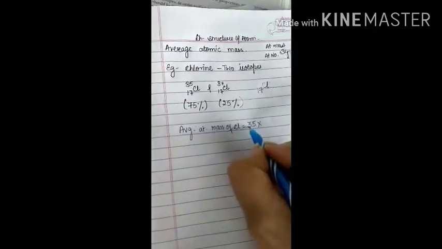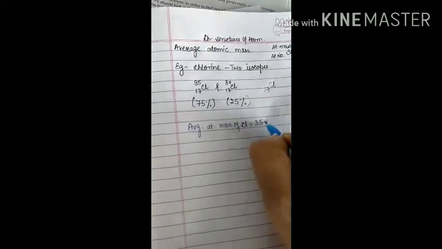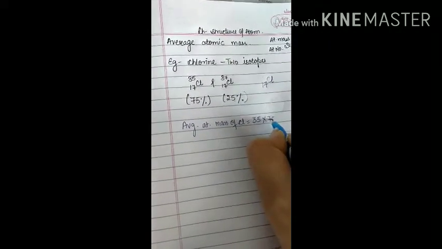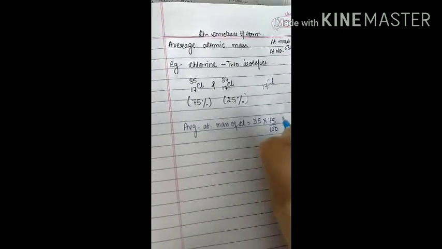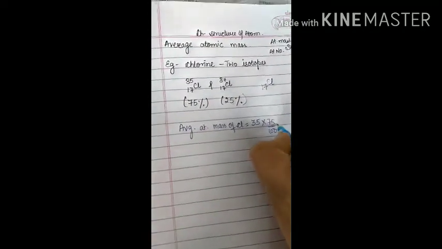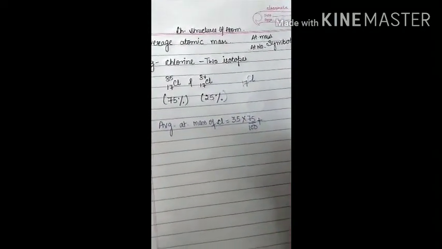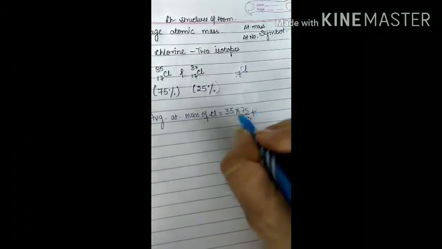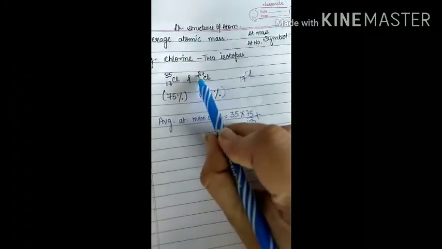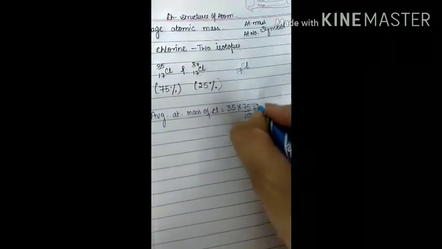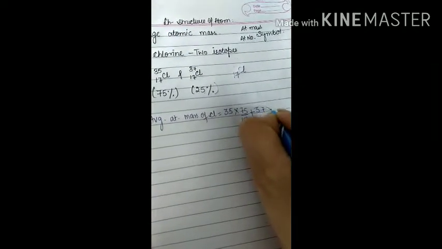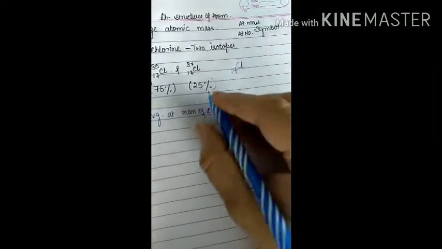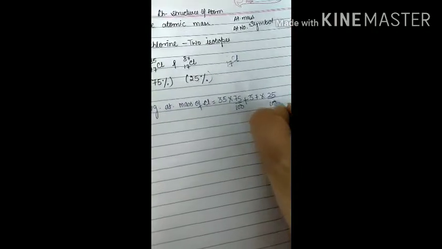So the atomic mass 35 into the percentage, that means 75 upon 100, because when we take out a percent we put 100. In an average we use plus. So plus the next isotope atomic mass, that is 37, into 25%, so 25 upon 100.